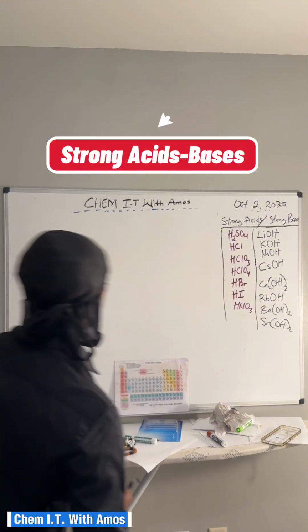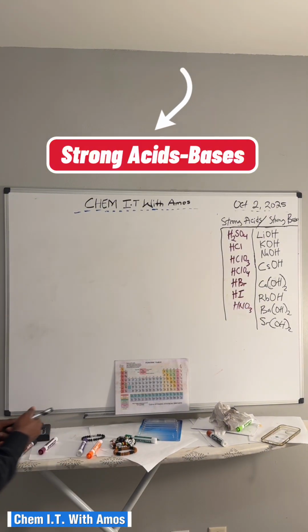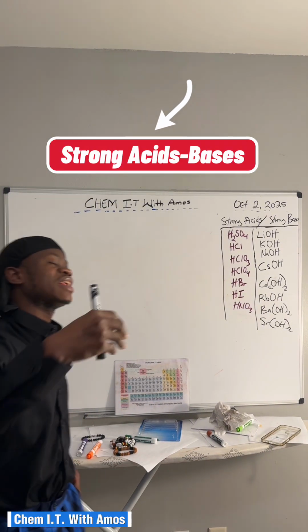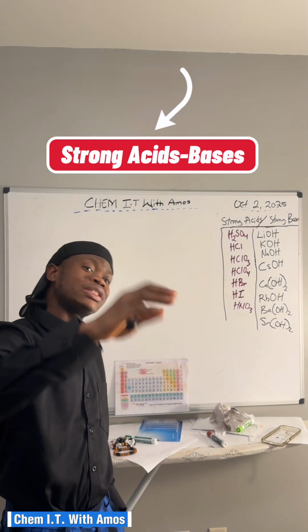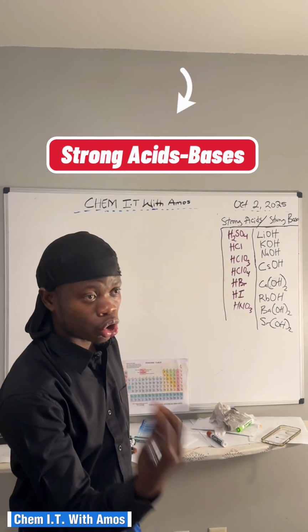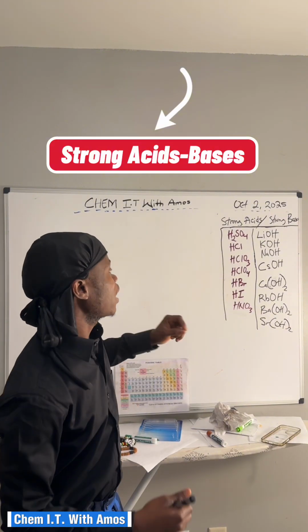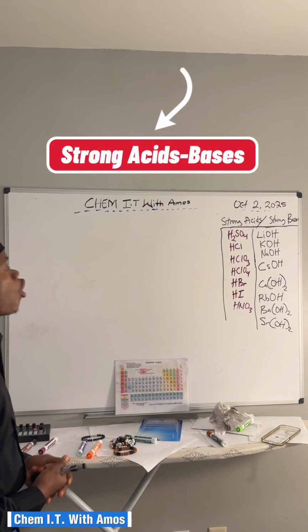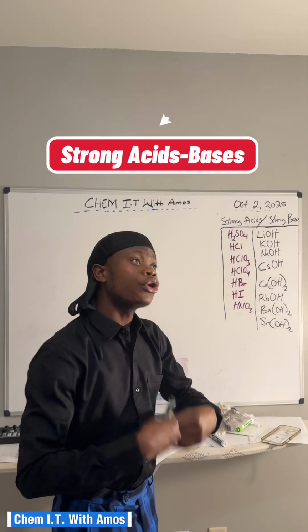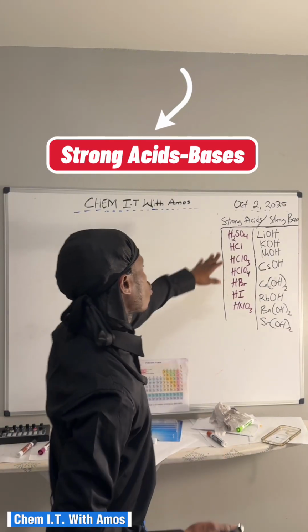Alright, so let's get this clear. We say strong acids are acids that dissociate, or ionize, or decompose in water completely. What does that mean? If we have sulfuric acid, one of the strongest acids that we all know of, how are these compounds formed?